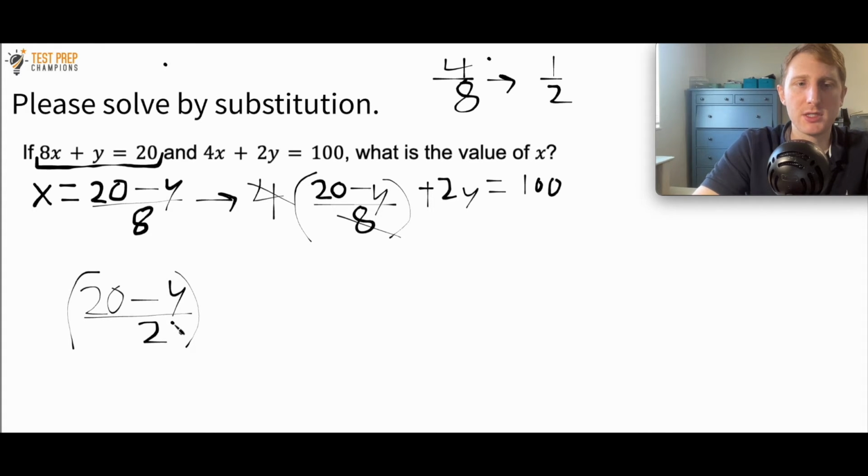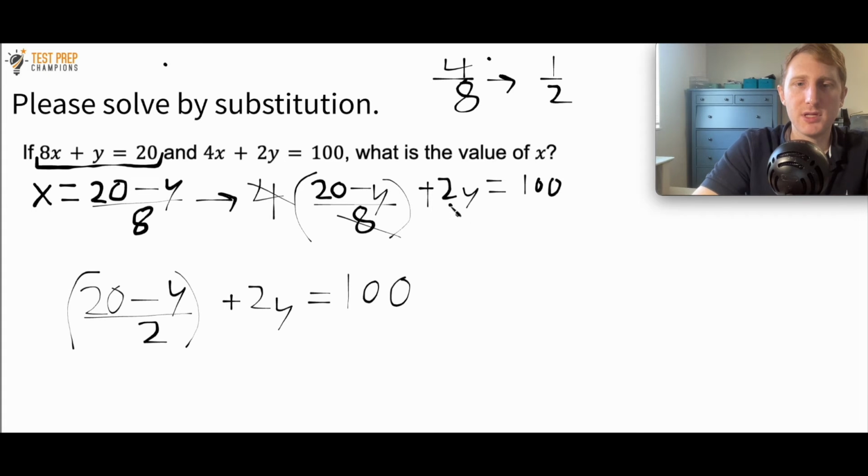So anyway, we get (20 minus y) over 2, and I have plus 2y equals 100. Now this gets a little bit tricky. Since I've got a fraction here, in order to add 2y, I want to change this 2y into something that has the same denominator. The denominator is just a big word for the bottom number in a fraction.